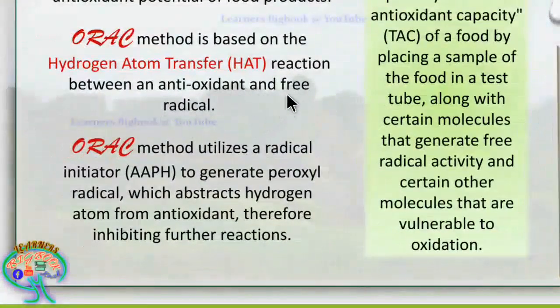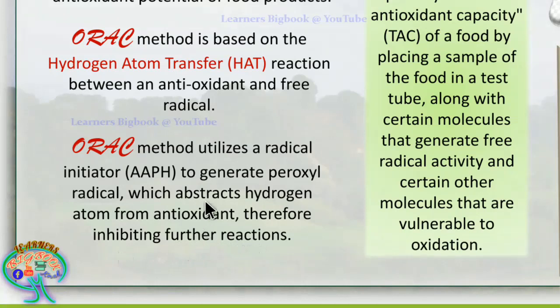Now, the ORAC method utilizes a radical initiator to generate peroxyl radical, which abstracts a hydrogen atom from the antioxidant, therefore inhibiting further reactions. Now here, as we have spoken, the free radical which acts on the healthy atom is going to cause further reactions and further abnormality.